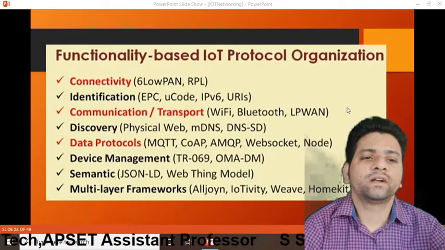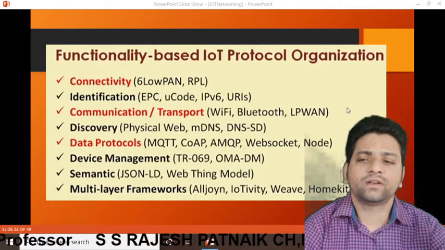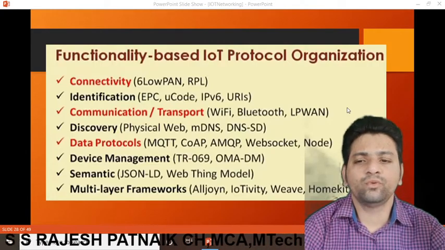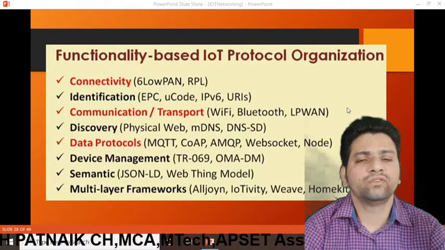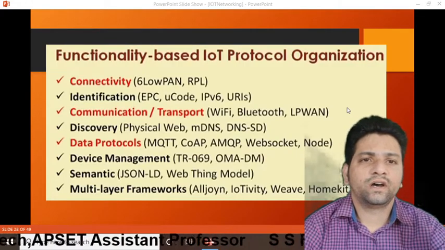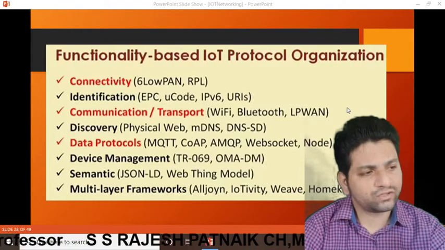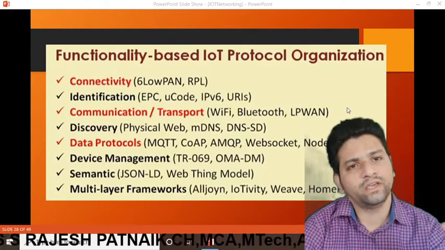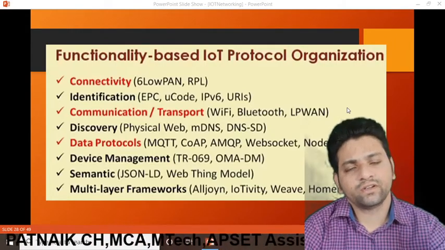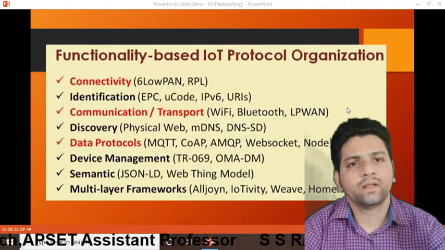Then come some other semantic protocols, which are used to reduce the length of the data in the network. We have different types of semantic protocols.